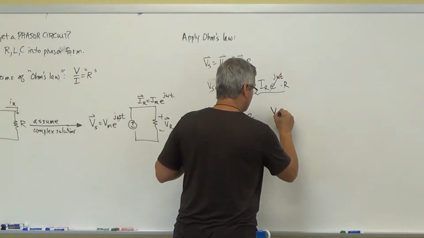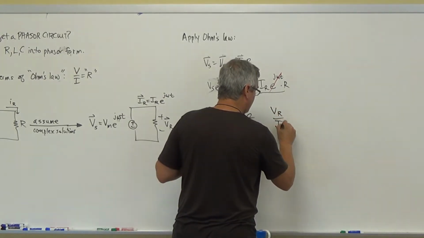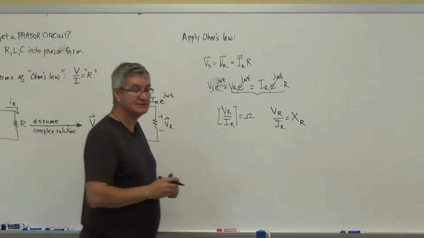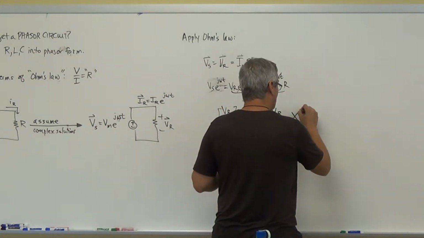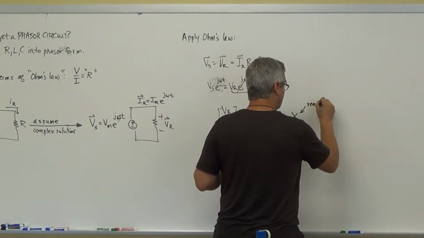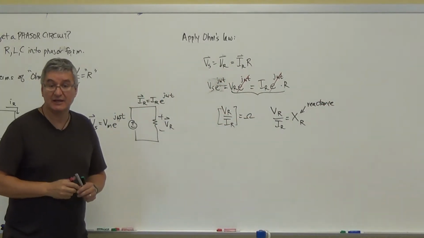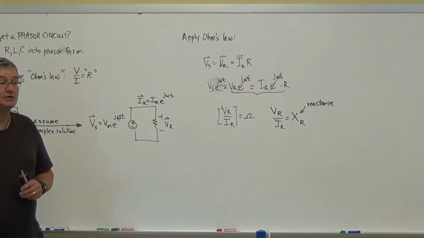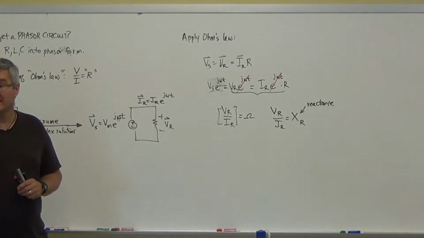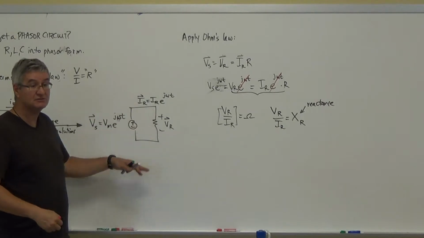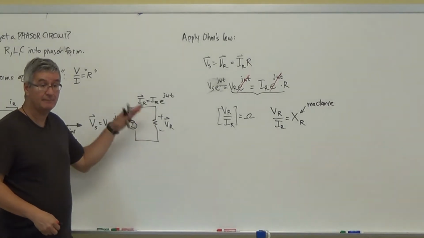So if I look at this here, what we do in phasor form, we typically call it X. And X stands for reactance. And the question is, what do I mean by reactance? It means, how does the resistor behave when I have a source that's constantly changing as a function of time?